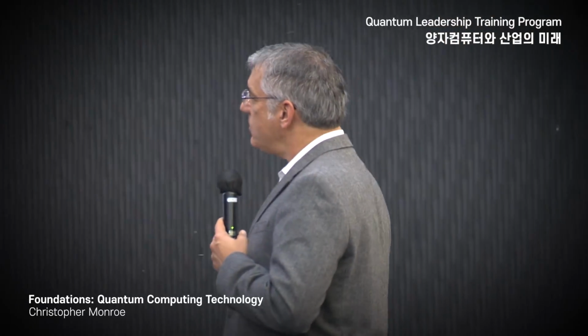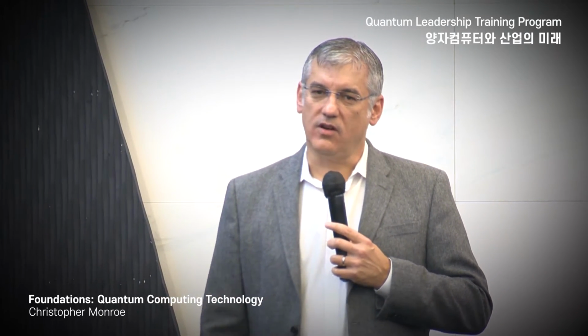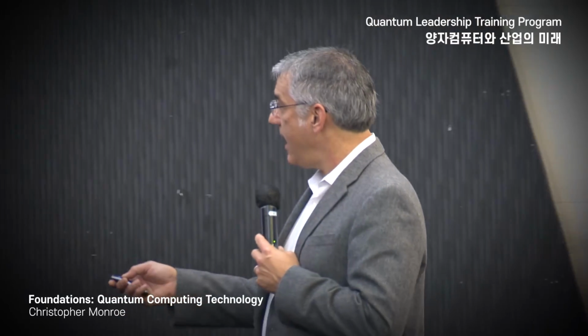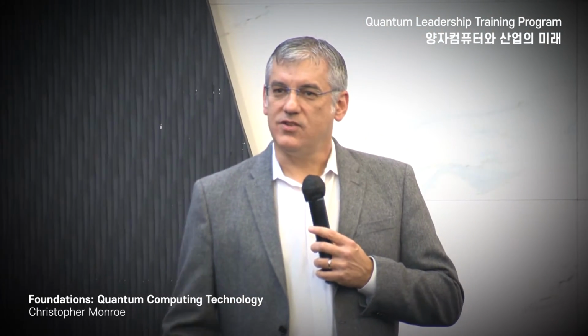So the history of classical computing and classical information is actually not that old. As you know, in the early to mid 20th century, fellows like Alan Turing and Claude Shannon applied the mathematics of information theory to the idea of what computing is.